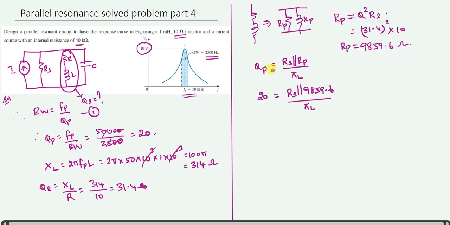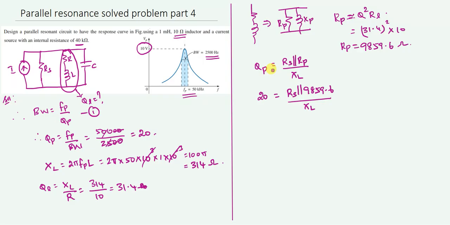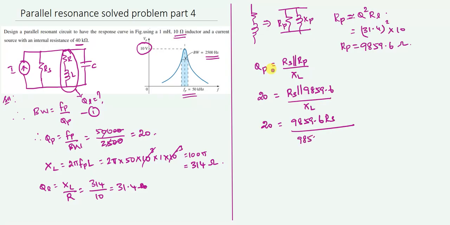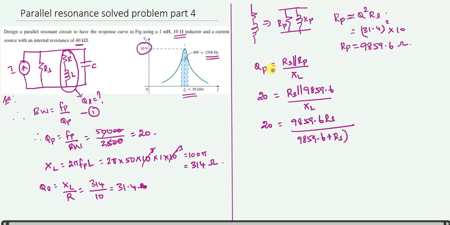Now I want to simplify this in order to get the value of RS. These two are in parallel combination, so simplifying, we get 9859.6 into RS divided by 9859.6 plus RS, into XL.